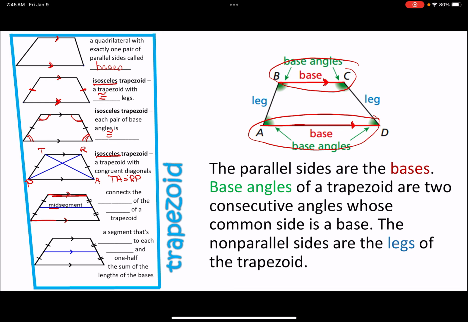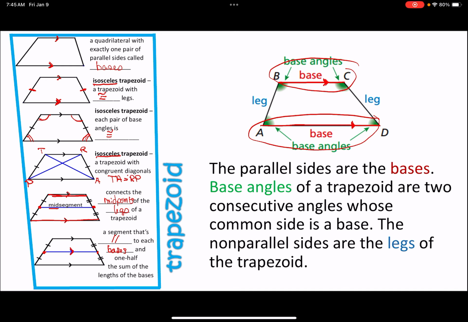And so in order to be exactly in the middle, it has to connect a midpoint of one of the legs with the midpoint of the other leg. And not only does it connect the midpoint to the midpoint, but this midsegment is parallel to each of the bases.